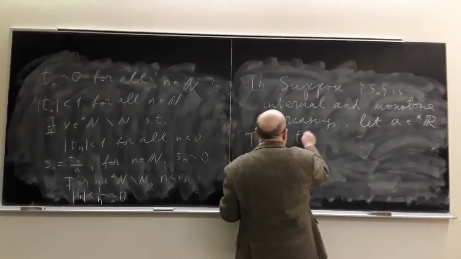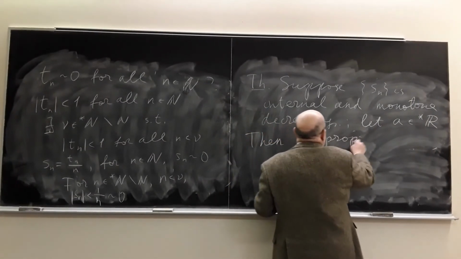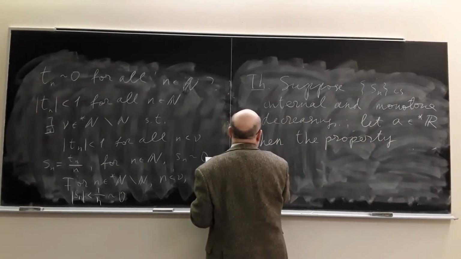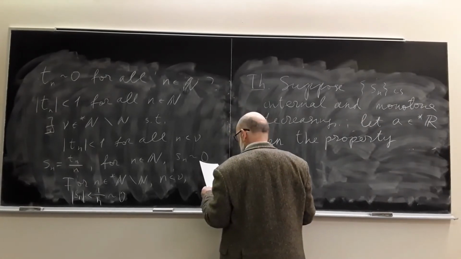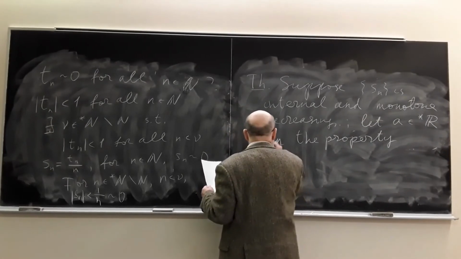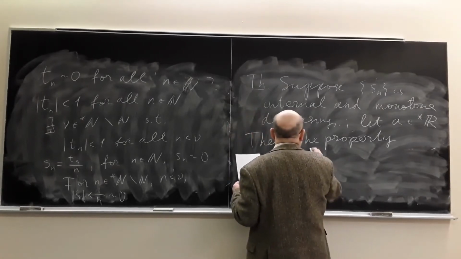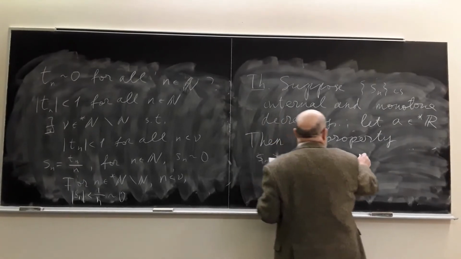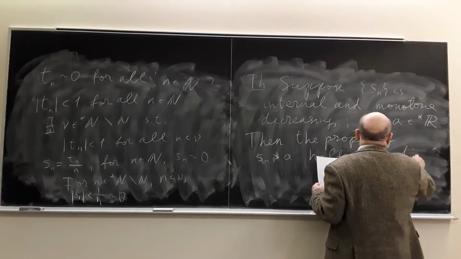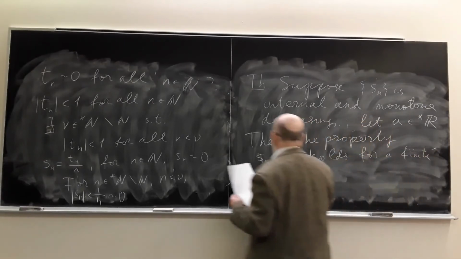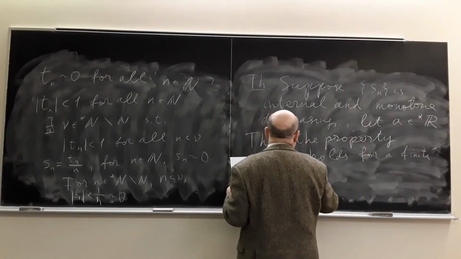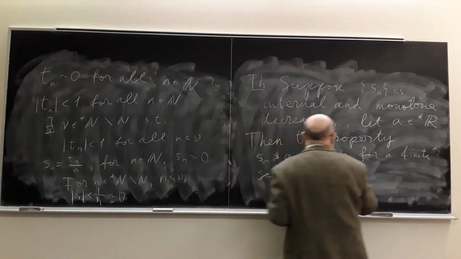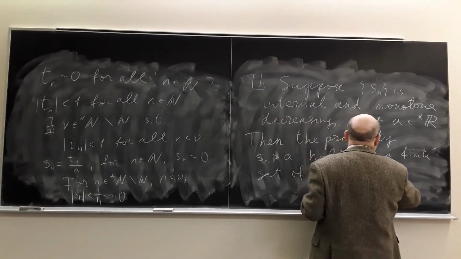Then the property Sn less than A or more than A holds for a finite set of n, just in the beginning, or for all n less than nu, nu infinite, or for all n in star N. The last two are called overspill.